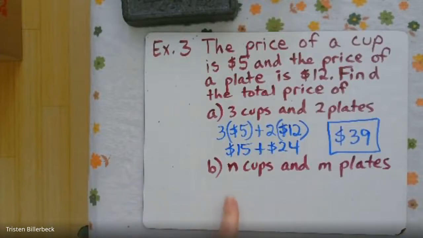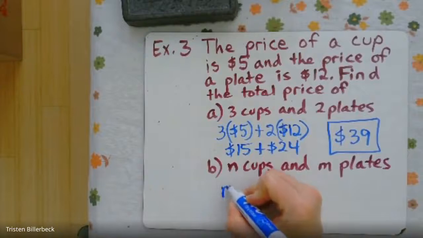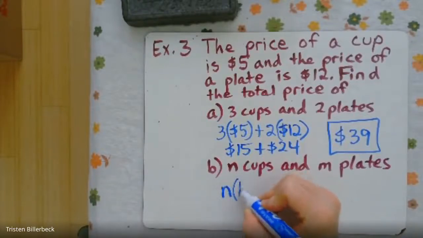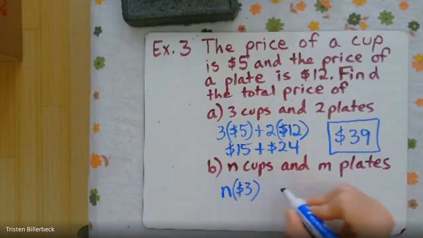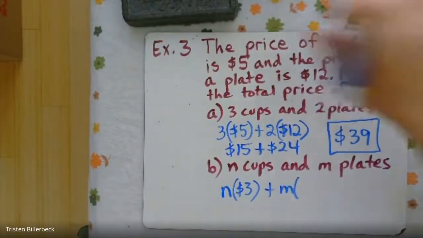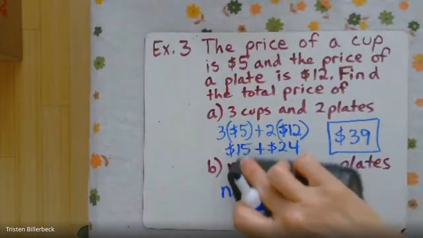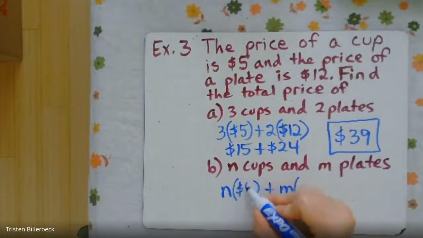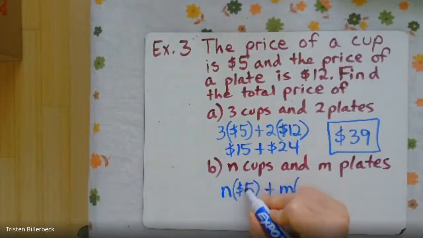So let's try N cups now. We don't know how many cups we have, and we don't know how many plates we have, but we know that the cups are not $3. I must have been buying them at a sale. They're $5.